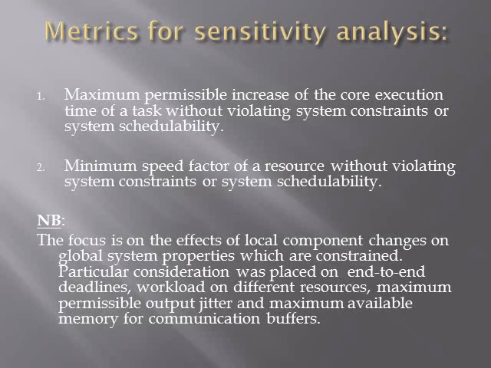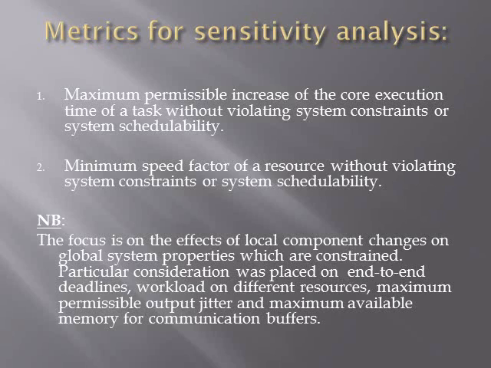In the analysis, we firstly wanted to find out the maximum that the execution time of any task in the system could be varied, and secondly, the minimum speed factor that the resource could operate at. Both these metrics had to be achieved without violating system constraints or schedulability.